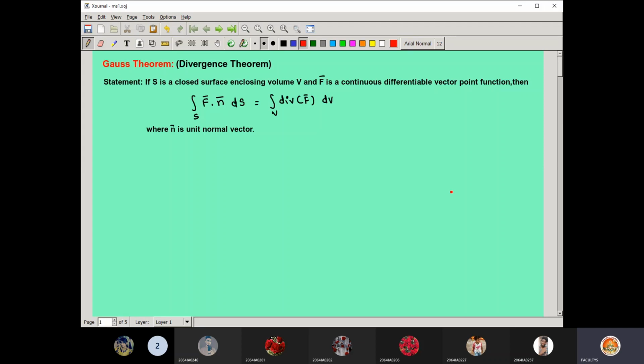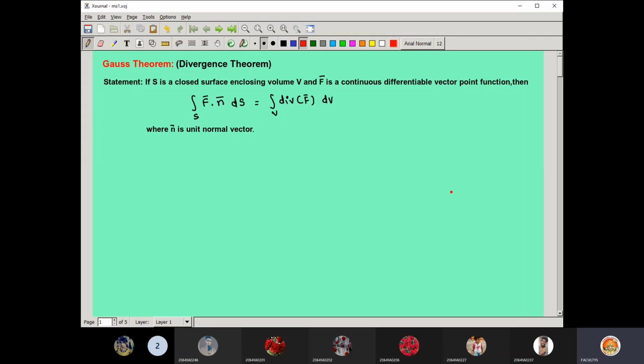Whereas when you come to Stokes theorem, it is also a relation between line integral and surface integral. Its statement looks like integral over C of F bar dot dr bar is equal to integral over S of curl of F bar dot n bar dS. Here, while using Stokes theorem, n bar is the unit normal vector, and there is no need to calculate its value.